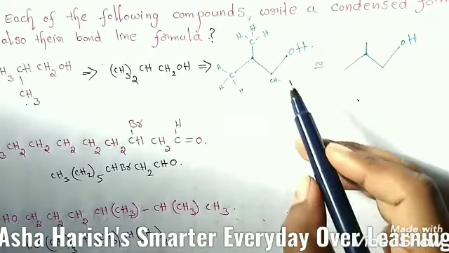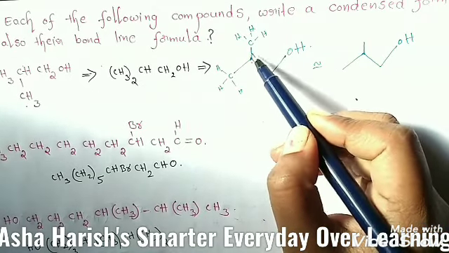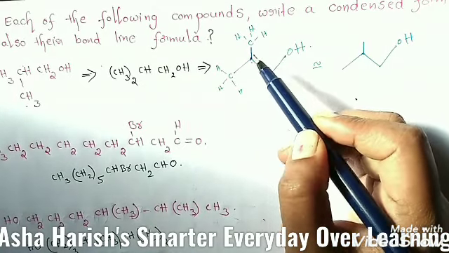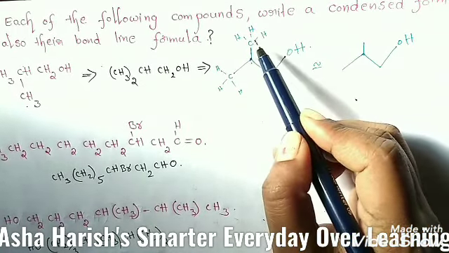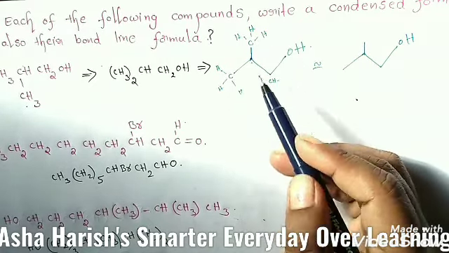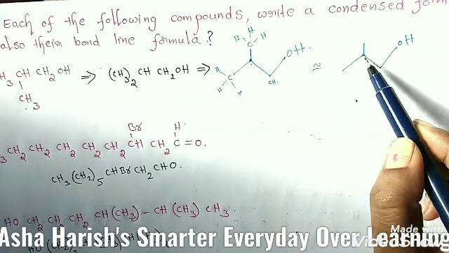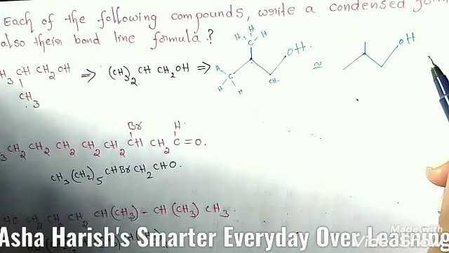So here at the corners one carbon is located already. Here dash line representation, and here one carbon and CH3 twice. So at the corners CH3, and the final bond line structure should be like this, 1 2 3, here OH, right?